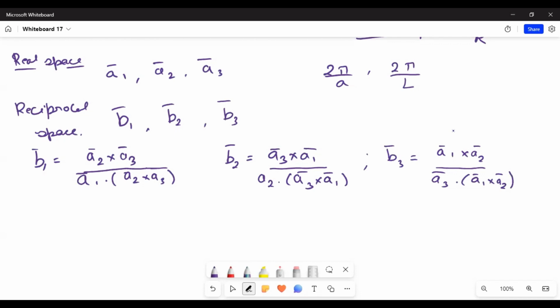Now let's consider the very simple case, which is cubic. Let's say in real space we have a structure which has a cubic crystal structure or symmetry. In that case, a1 will be a, the lattice constant, along x, a2 will be along the y direction, and a3 will be along z. Now let's use these equations to see how it turns out.